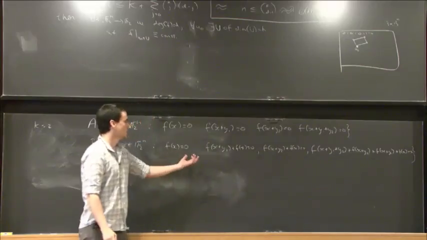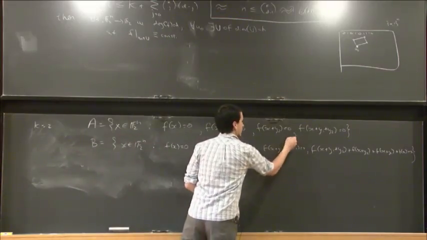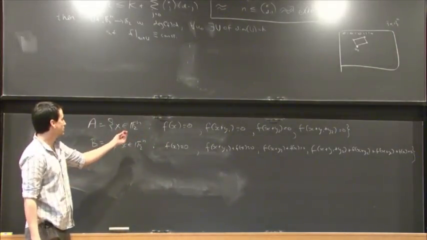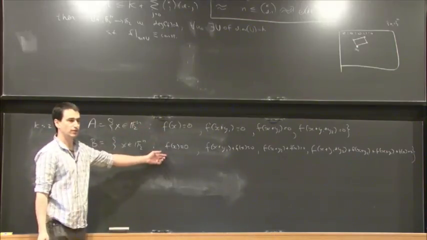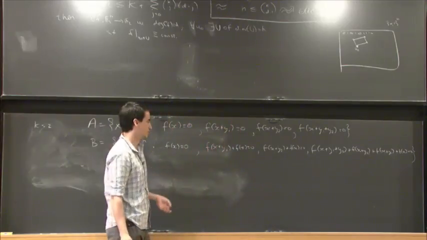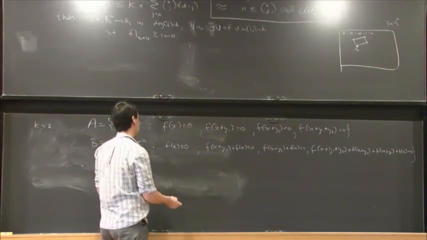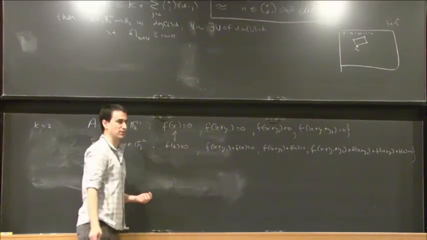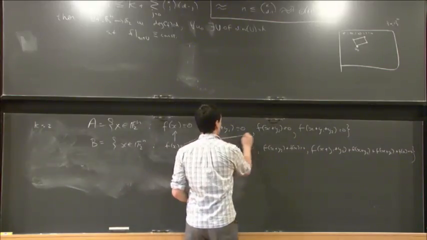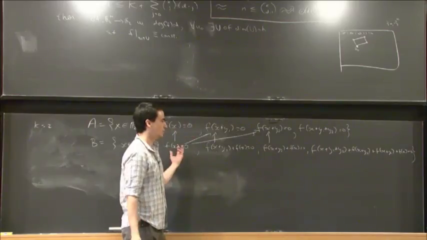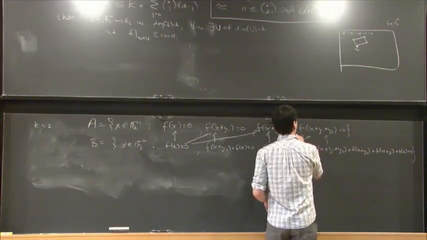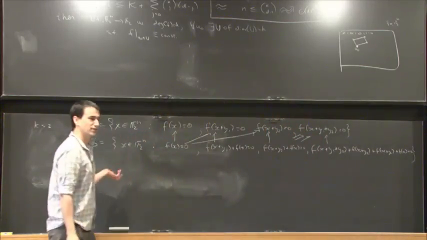So it's obvious that anything in A is also in B, because all these 4 things are 0, and we take subset sums of them. On the other hand, for everything in B, we know that these equations hold. From these 2, we get this equation, and from all 4 of them, we get the last equation. So actually, A and B are the same.